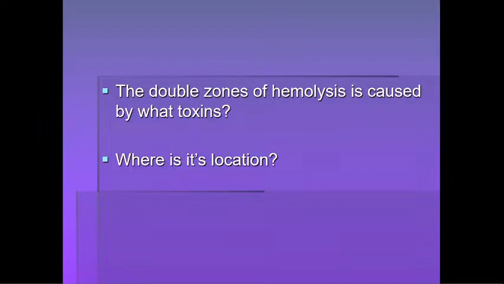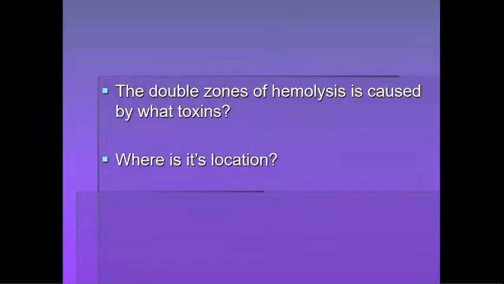Now let's talk about the double zones of hemolysis caused by C. perfringens. We have what you call inner hemolysis. The double zone of hemolysis is caused by two types of toxins: alpha toxin and theta toxin.